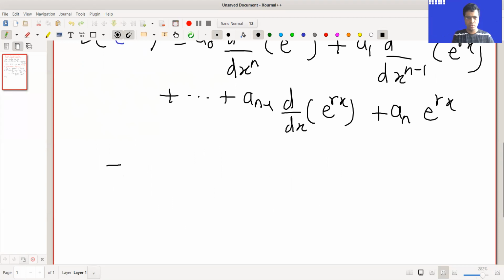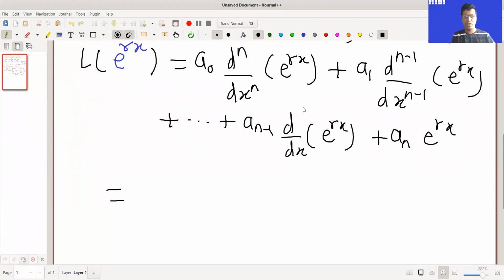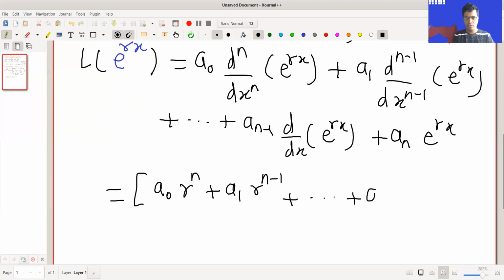So e raised to rx will be common: a0 r raised to n plus a1 r raised to (n minus 1), and so on, plus a(n minus 1) r plus an, into e raised to rx.